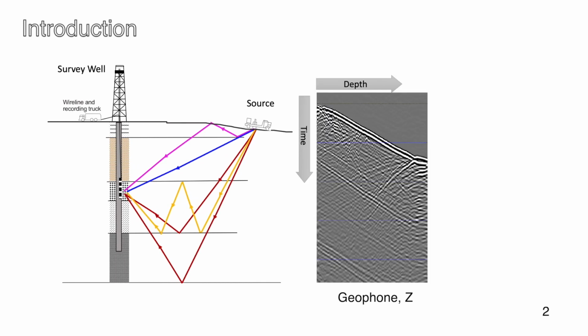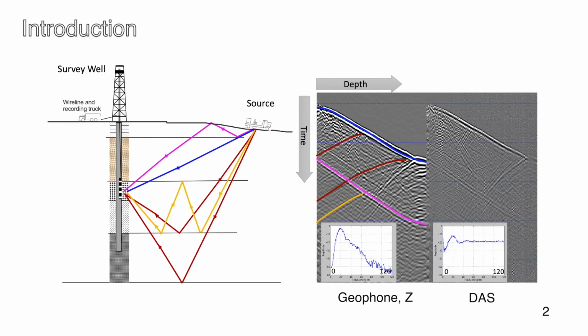An example of a common shot gather on the receiver side is plotted with the horizontal axis at increasing depth to the right, and the vertical axis at increasing time to the bottom. It displays a Z-component shot gather recorded by the geophone. On the other hand, the depth recording, which is a single direction along the borehole, shows similar features, but somewhat different amplitude, noise level, frequency content, etc.